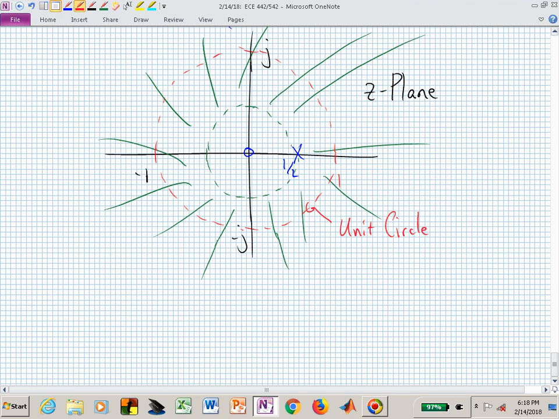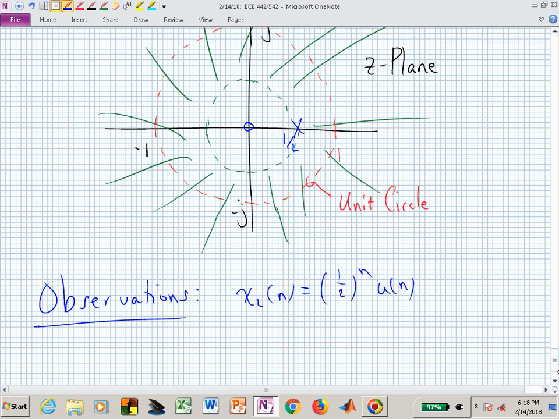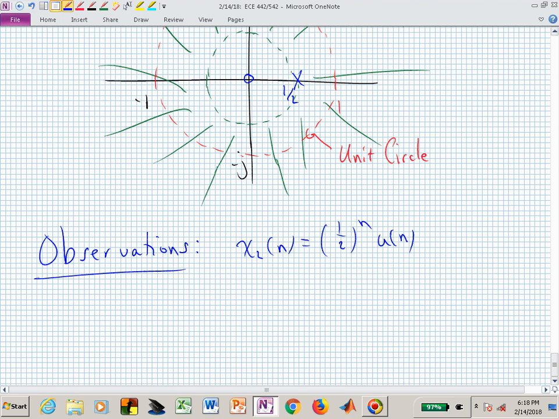And now let's make similar observations like we made before. In this case, we know that x sub 2 of n was 1/2 to the n u of n, or it was 1/2 to the n for n greater than or equal to 0.